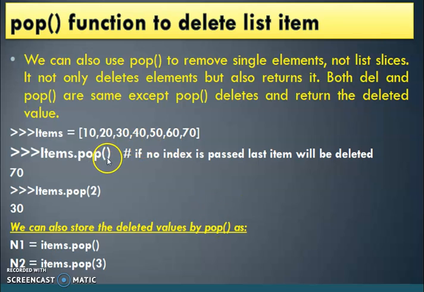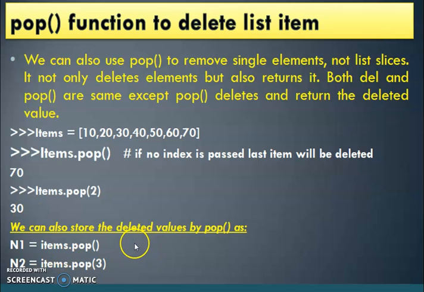Here nothing is specified in between the brackets, that's why the last element will be deleted. So here 70. Can you see, when we use this pop function with nothing between the parentheses, the last element is deleted and returned. So when you print items.pop(2), the second element of 10, 20, 30, that is 30, will be deleted and returned.